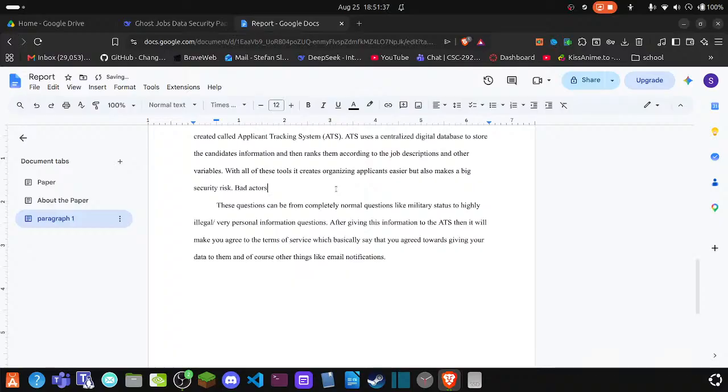Bad actors could use these tools in a malicious or profitable way.